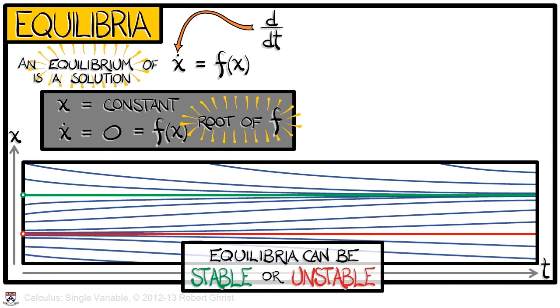Now, these equilibria come in two forms in general. These are the stable equilibria and the unstable equilibria. A stable equilibrium has the property that if you have an initial condition that is nearby and you evolve it over time, you get closer and closer to the stable equilibrium.